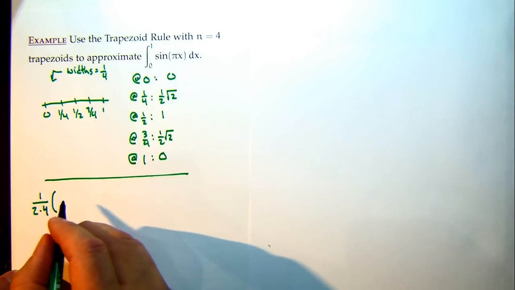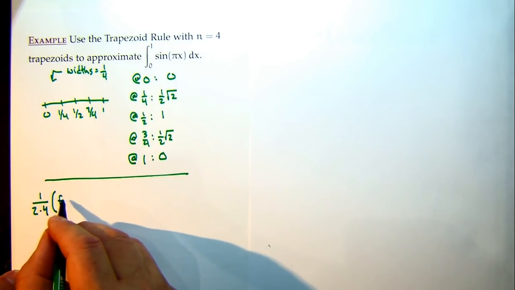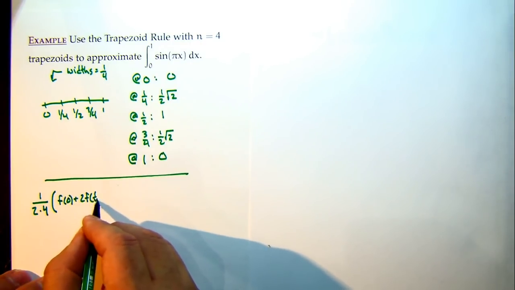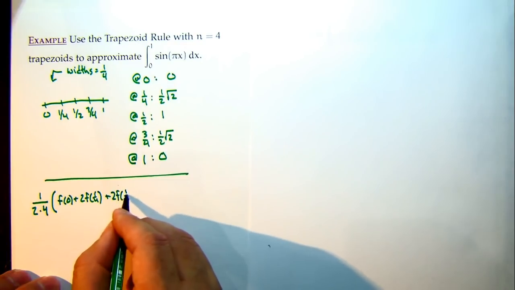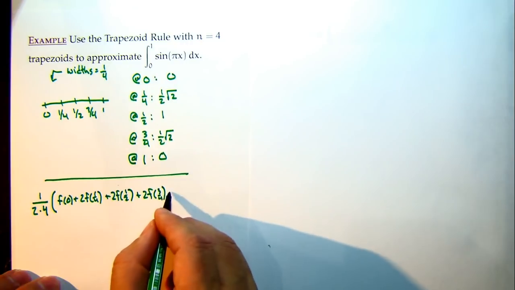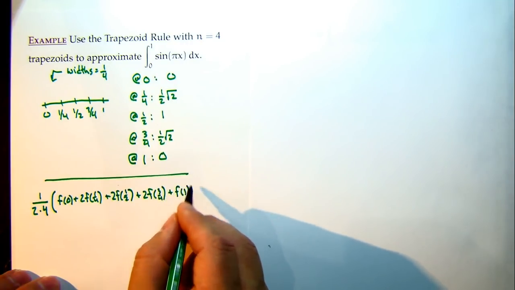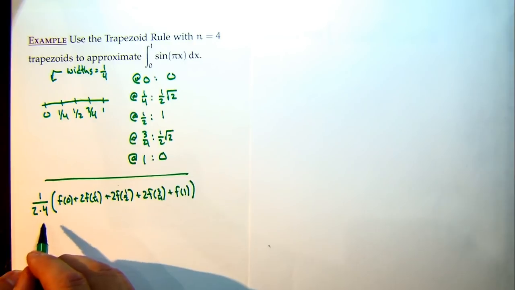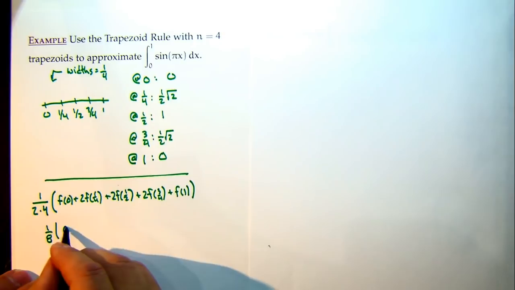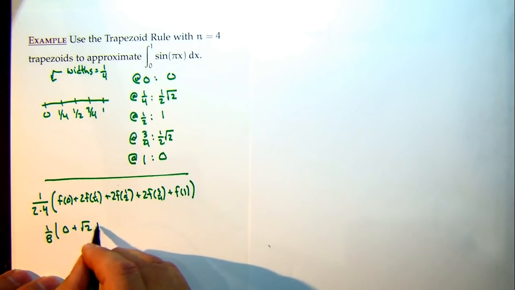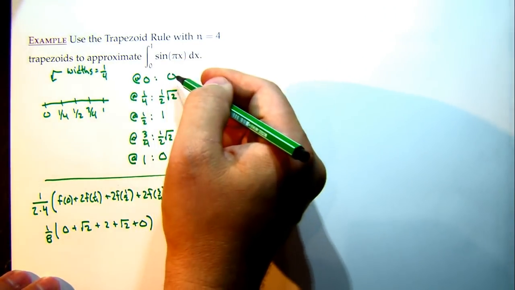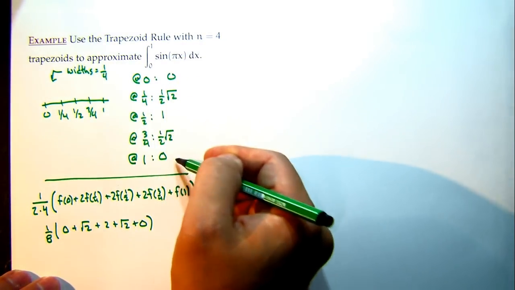And then what we do is f0 plus 2 f1/4 plus 2 f1/2 plus 2 f3/4 plus f of 1. Now that's the general rule. Now let's actually put in our values. So that's 1/8. Then I'm going to get 0 plus square root of 2 plus 2 plus square root of 2 plus 0. Because I've multiplied 1, 2 of these, 2 of these, 2 of these, 1 of those.